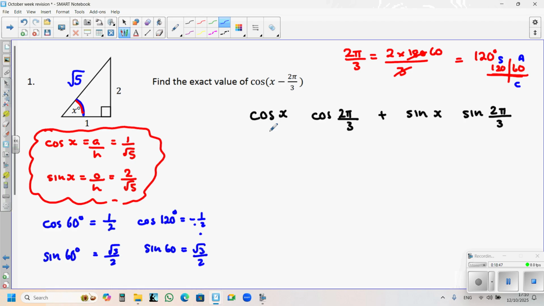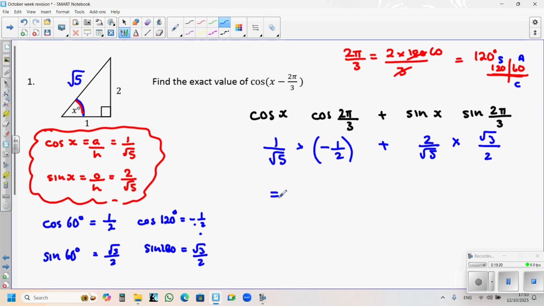So when I go in here and I do cos x is 1 over root 5 multiplied by cos 2 pi over 3, which is cos 120, is minus 1 over 2. And then sin x is 2 over root 5 multiplied by sin 2 pi over 3, which is sin 120, which is root 3 over 2.